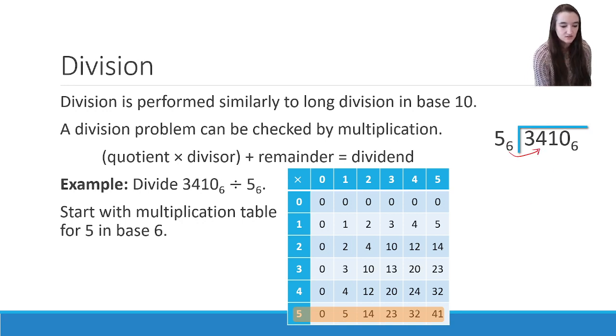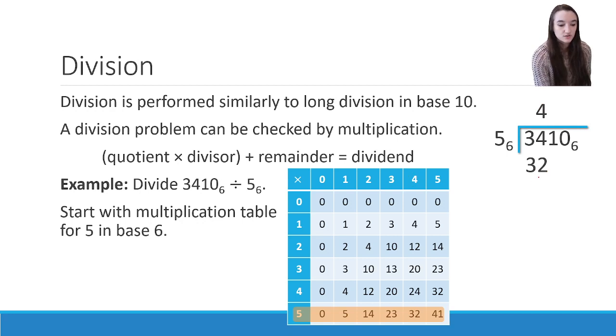So now we start by asking the question, how many 5s until I get to 34 in base 6? So I look at my chart and I can figure this out easily. 32 is the highest number before I get 34, so there are 4 fives. So I put a 4 up here and I'm going to subtract off the 32, because 4 times 5 in base 6 is 32 in base 6.